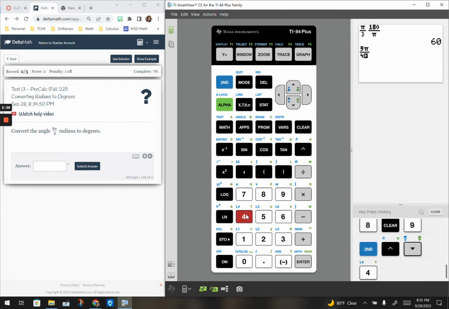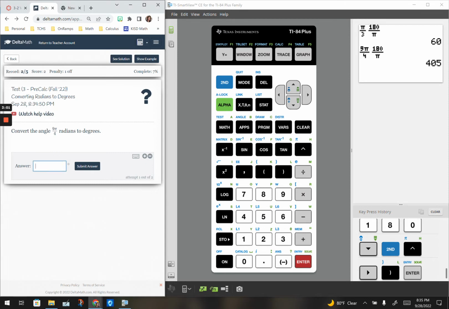And to the right, I will multiply by the conversion 180 over pi again, because I want to end up with the units of degrees. So 180 over pi. And I will hit enter. So 405 degrees. And I will submit my answer.